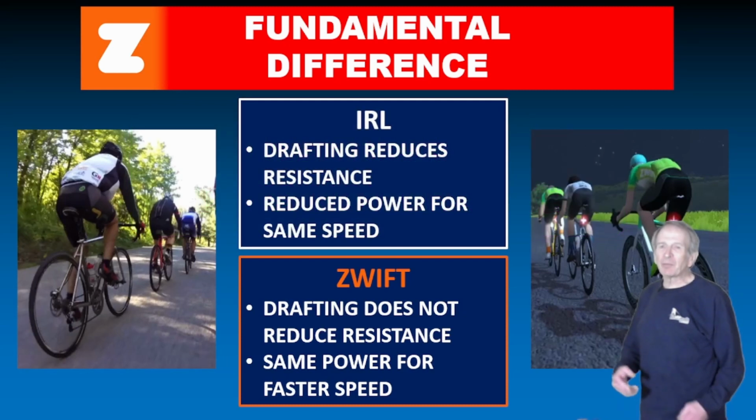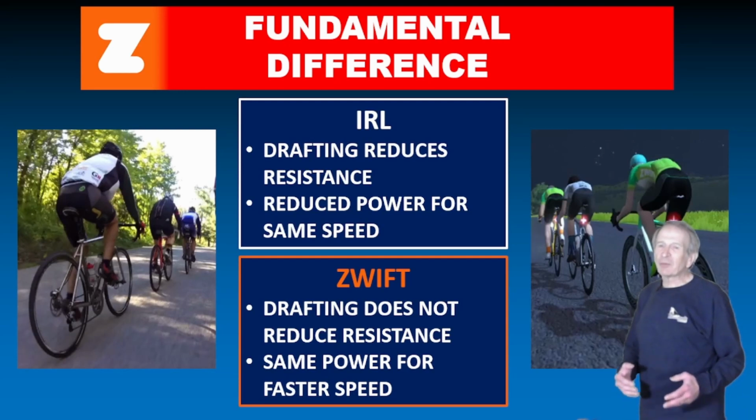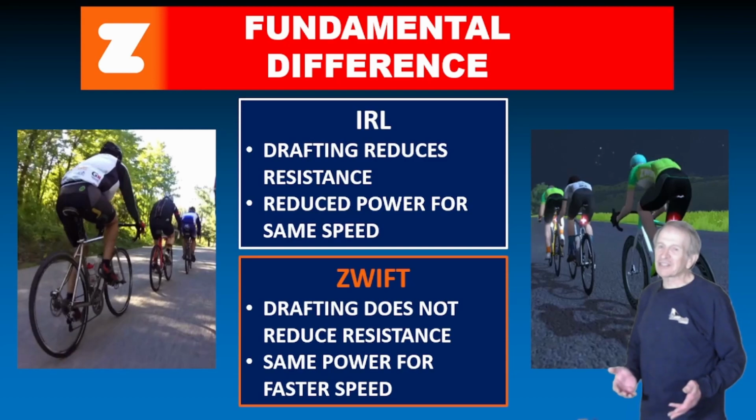You're inclined to keep putting out that same power and gaining speed. So you've just got to use the visual clues to back off your power input so you can hold that gap and don't overtake the riders. I really needed to give this some long thought to internalize the concept. But once you do, it's really helpful for learning how to draft on Zwift.